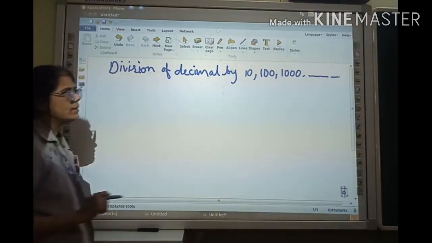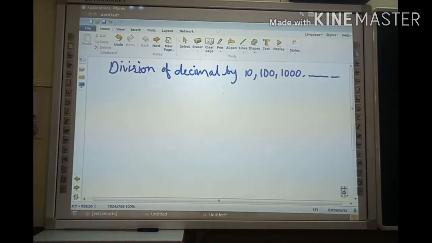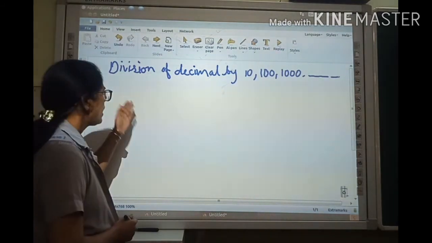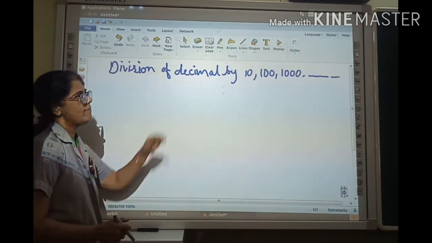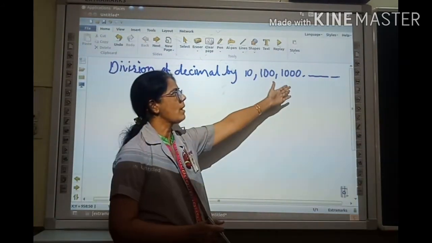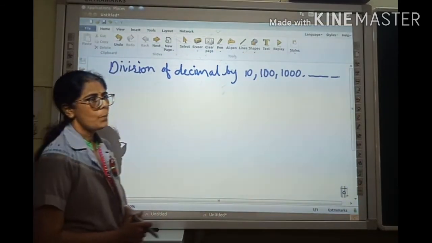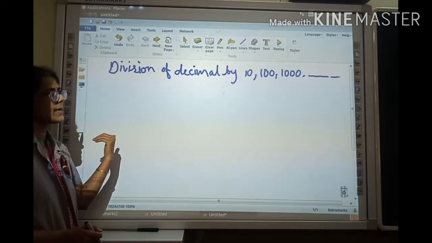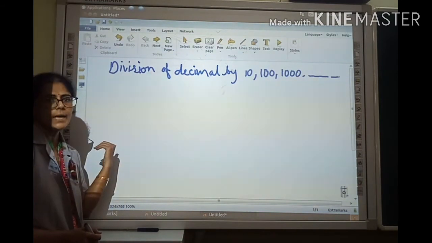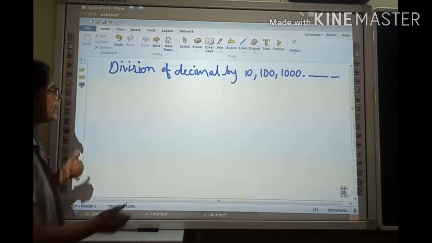This we have learned in the multiplication also. Understand? So now what we have to do here? If any decimal number, if I divide by 10, 100 and 1000, I have to move the decimal point to the left side. Which side? To the left side.